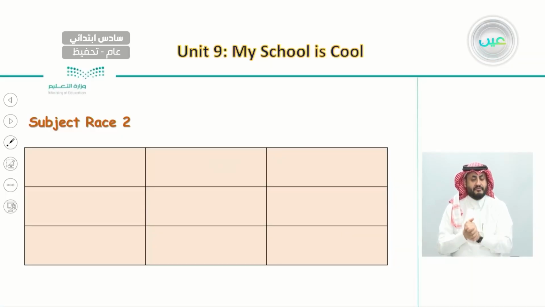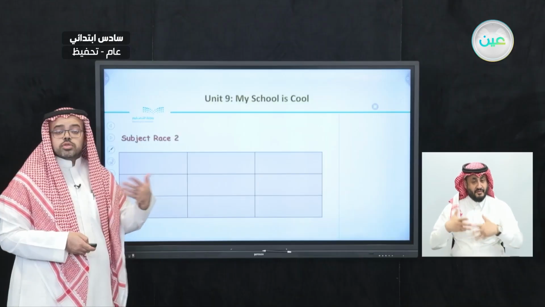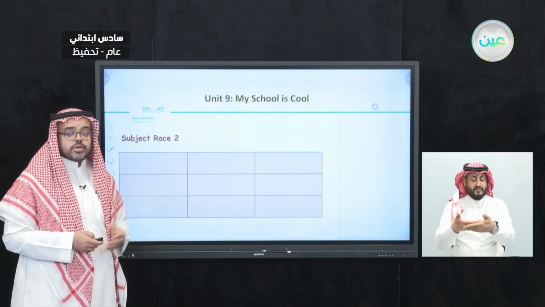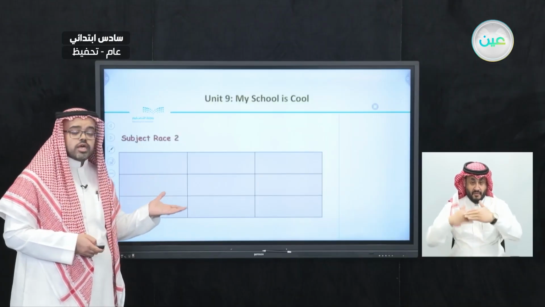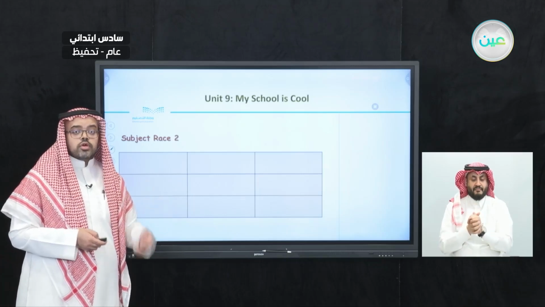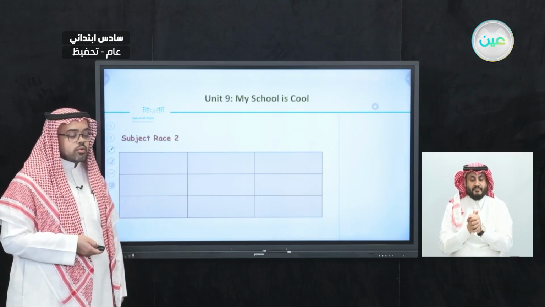When you hear the subject English, all you have to do is come to this table and write the subject. And you continue to write as many subjects as you heard. So this is an interesting race. It will help you to have a better understanding of these subjects and also to improve your love for school.